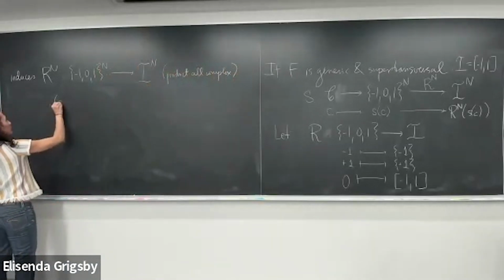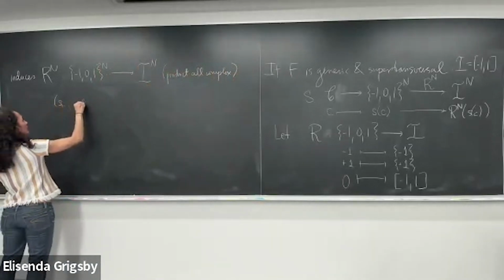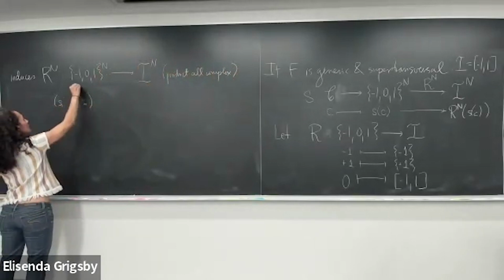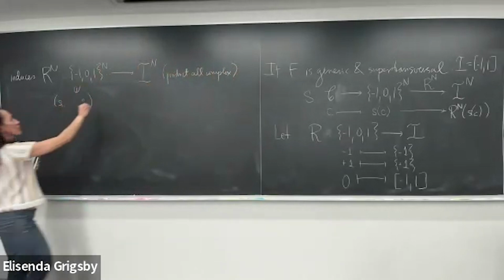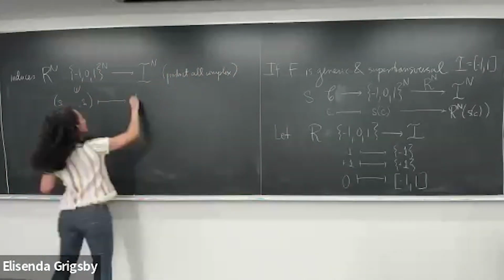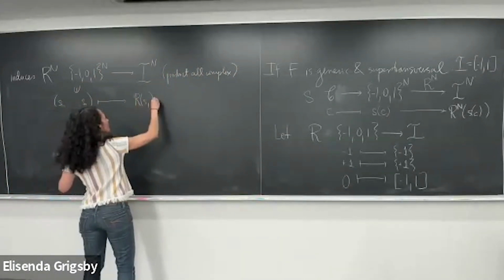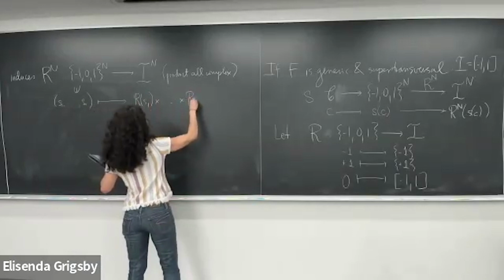So if you have some string of negative ones, zeros and ones, you would send it to the product of those.